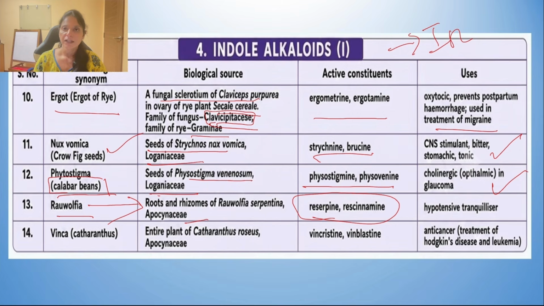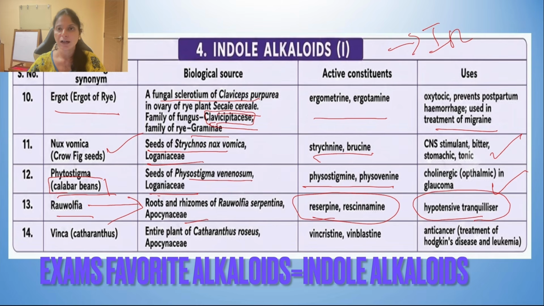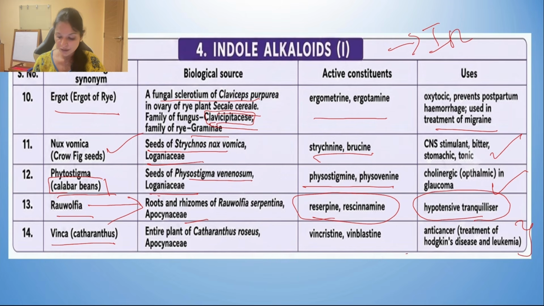And coming to the next most important one, the vinca alkaloid. Vinca alkaloid is also an indole alkaloid, and it is more specifically important because this is an anti-cancer agent, used in the treatment of especially Hodgkin's disease and blood cancer, nothing but leukemia. Here the well-known active constituents are vincristine and vinblastine.